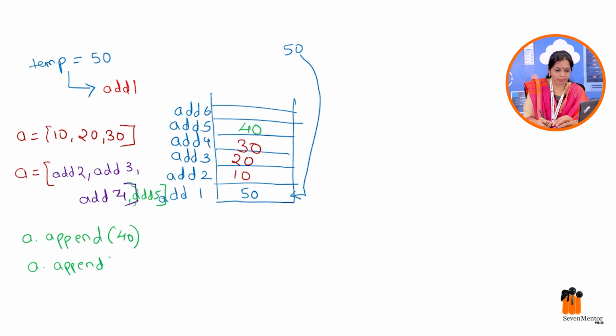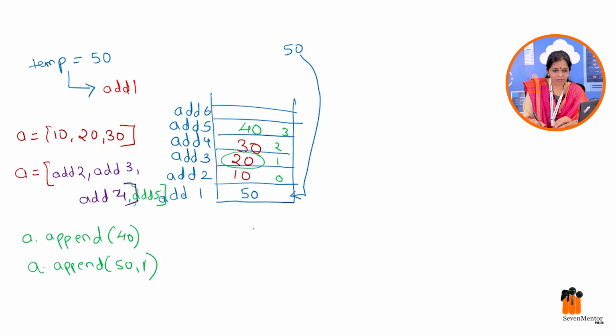When I write append 50 comma 1, we will take 1 as an example. I want to append 50 at the index value 1. So I'll show you here how this works at the back end. These addresses are shifted downwards. So this is index 0, 1, 2 and 3. Clear with this? I want to insert 50 at this index.